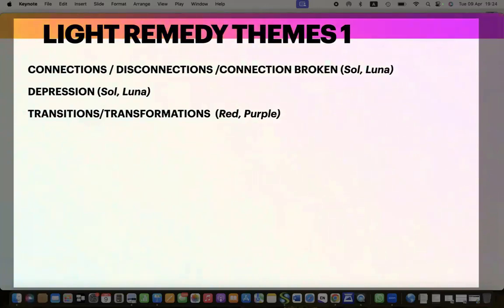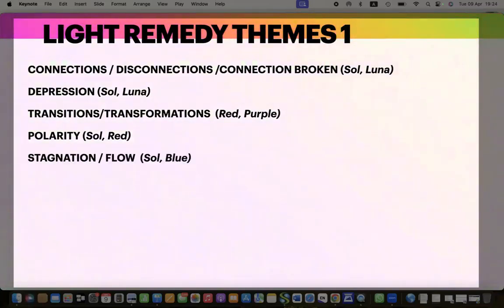Transitions, transformations. So it can often be a remedy for major life transitions, birth, death, etc. What else do you get? A polarity comes up quite a bit, and I'm going to draw some of these themes back to the natural history as we proceed with this. Sol, red light, stagnation and flow, energy drain.